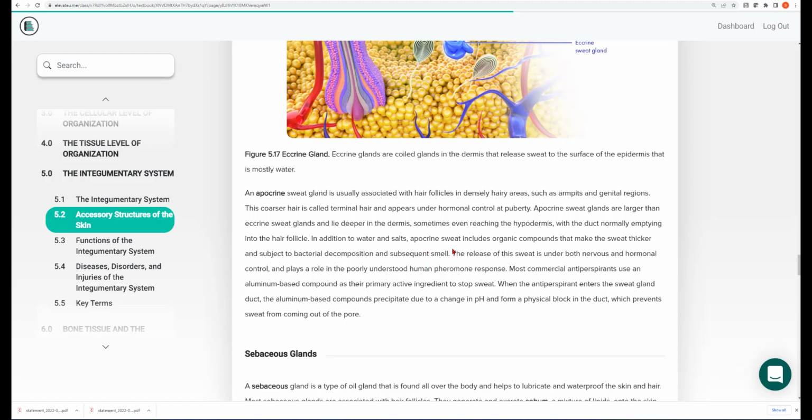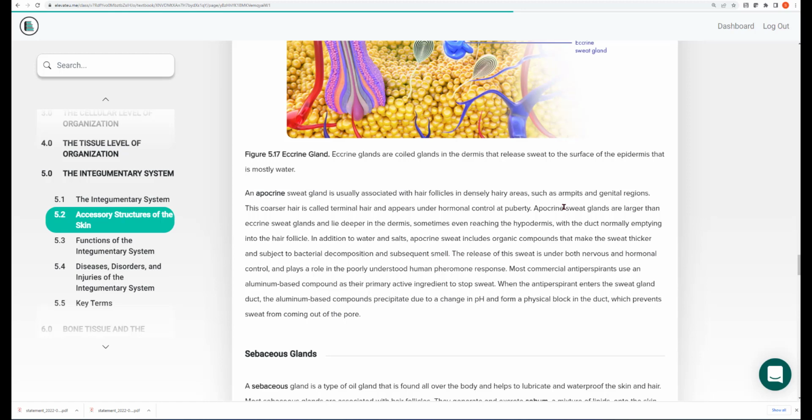It's the bacterial breakdown of this sweat that causes that lovely smell, right? So if you have an 11-year-old kid in your car who just played 2 hours of soccer, they usually don't stink too bad, right? They sweat, but they don't stink. You put a 14 or 16-year-old child into a backseat of a car who's been playing soccer for a couple of hours, and you know that they stink quite differently after puberty.